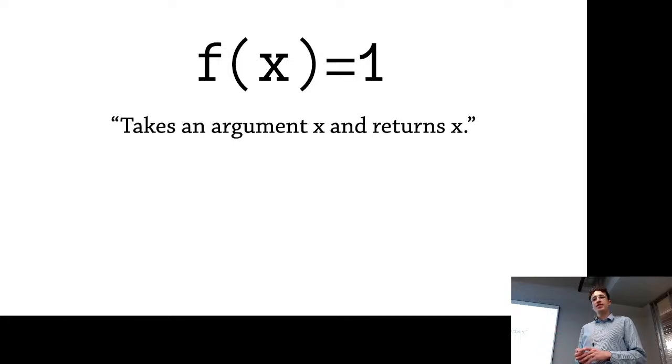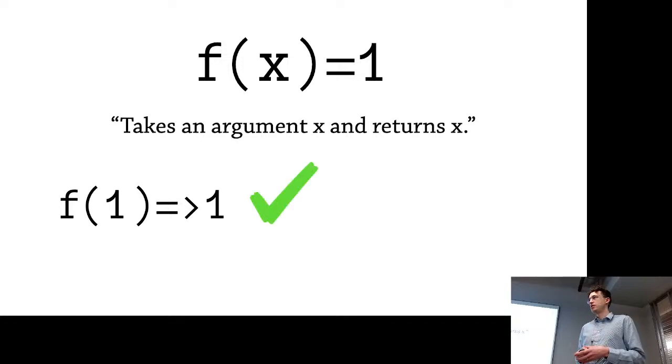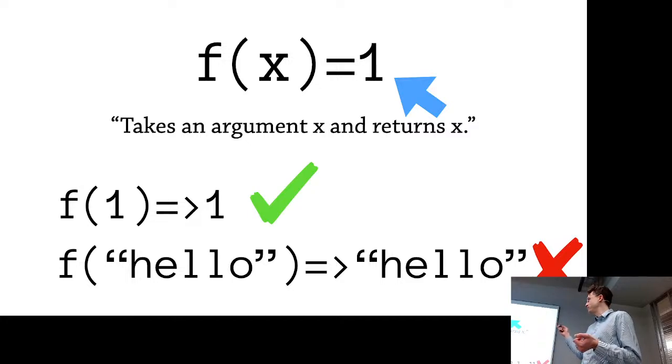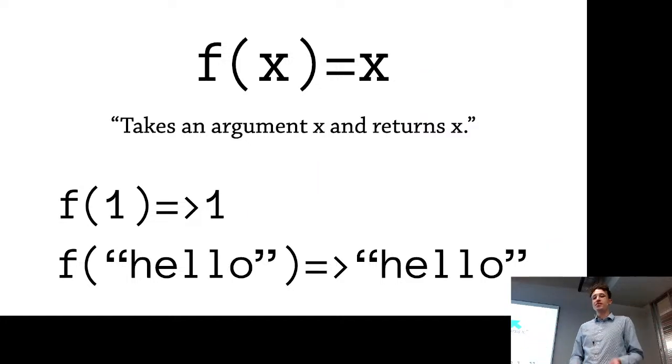If I give it 1, it should return 1. All right, good. It does. If I give it hello, it should return hello. It doesn't. So that step is over. Now we go back to fix the program. Well, okay, that shouldn't return 1. It should return x. And then we run our examples again, and we're done. So that was programming before specs.